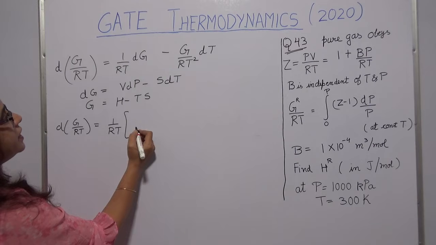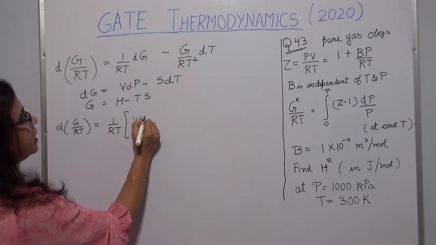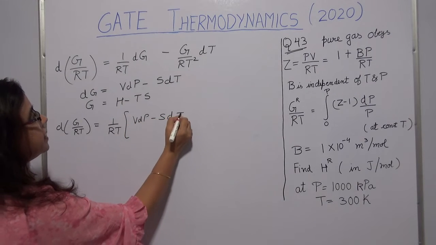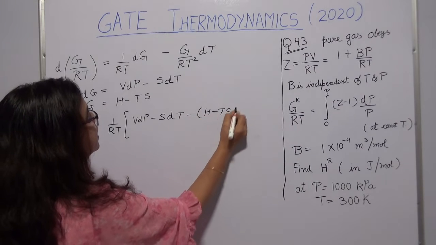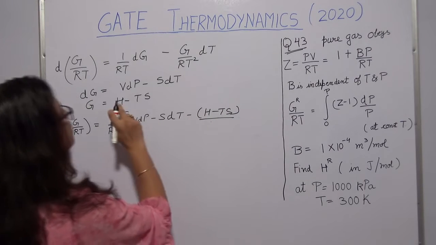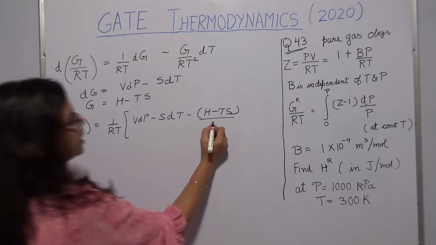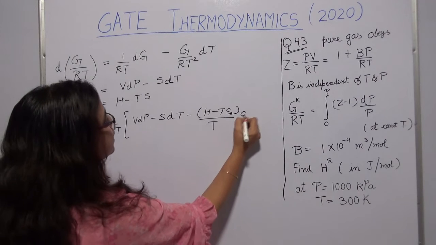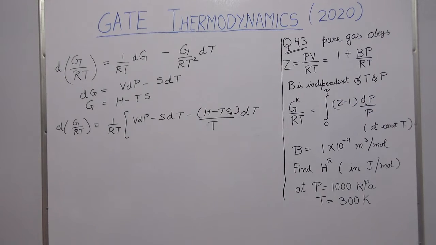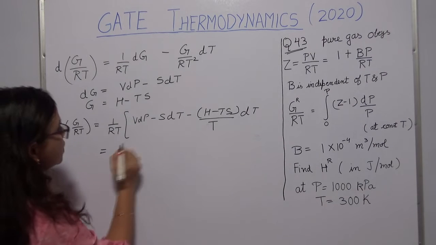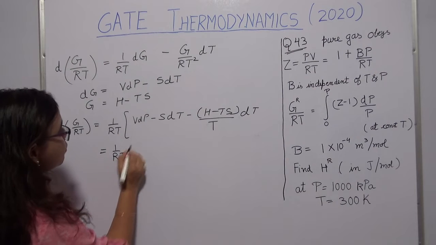So then dG is equal to VdP minus SdT, and G is H minus TS upon RT, I have taken the constant out, so T will remain dT. So you have followed up to this point. Fine. Now let's open this bracket and see what we get.